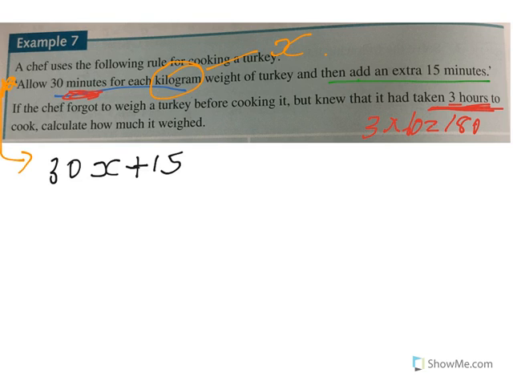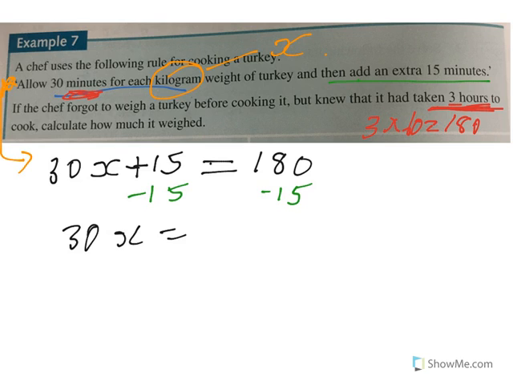So if this is the time, 30x plus 15, and we know that was 180 minutes, we can solve that equation. Take 15 from both sides, so 30x would be 180 minus 15, which is 165, and then divide by 30.